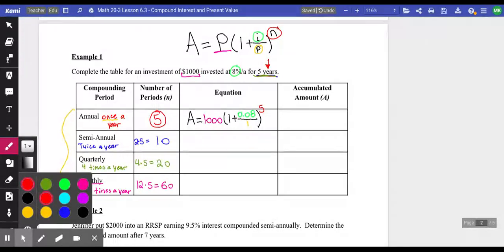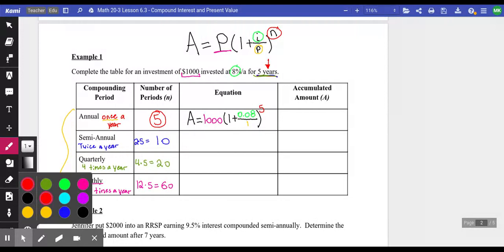So that is what I have to put in my calculator. 1,000 times 1 plus 0.08 divided by 1, to the power of 5. You definitely want to practice putting that in your calculator. Remember to do the brackets first. So go 1 plus and then 0.08 divided by 1. That'll give you an answer of 1.08. After you do the brackets, you do the exponent. So you do 1.08 to the power of 5. Hit enter. That gives you 1.46932.